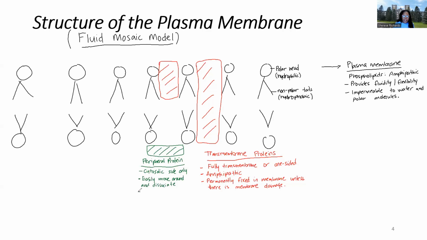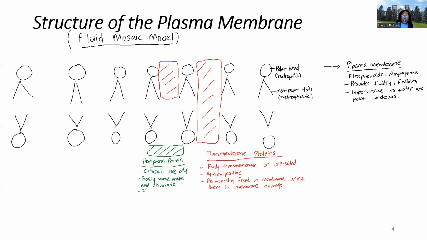The last thing we want to say here is that these are anchored by the cytoskeletal elements. So the cytoskeletal elements, such as the integral proteins, as well as intermediate fibers, can stick out of the cytosol and help to anchor these proteins on the cytosolic face.